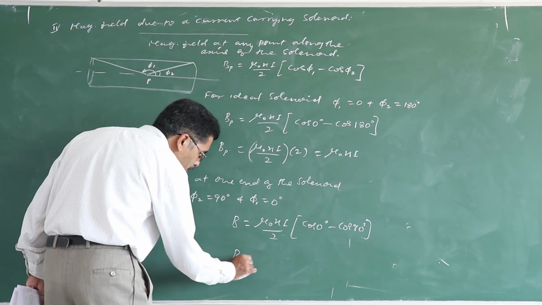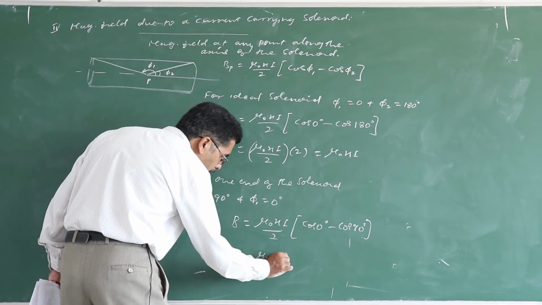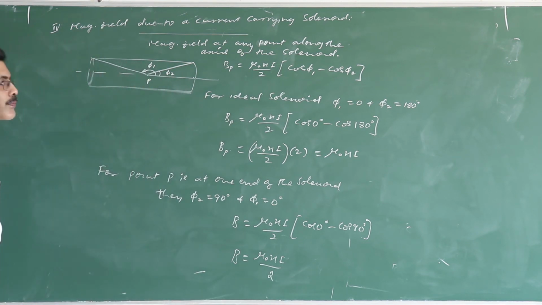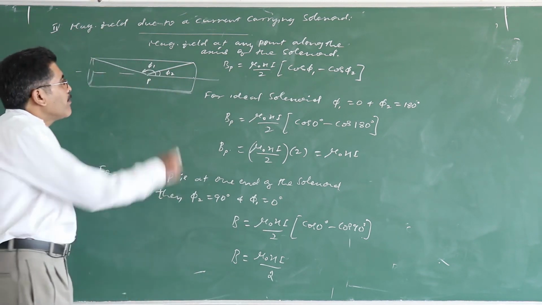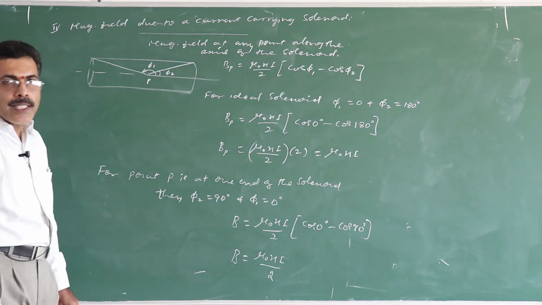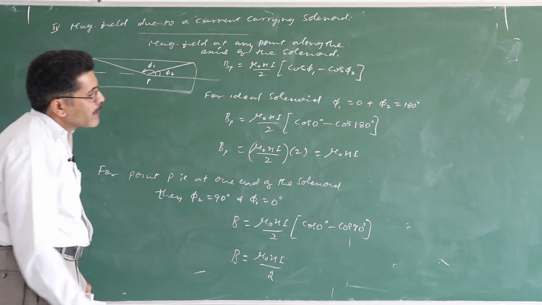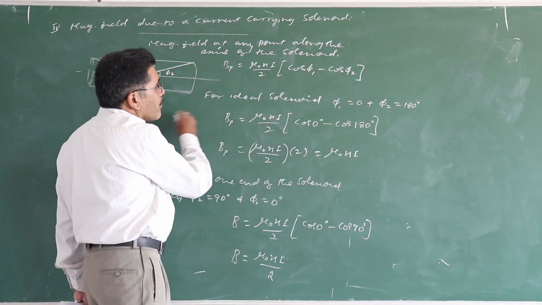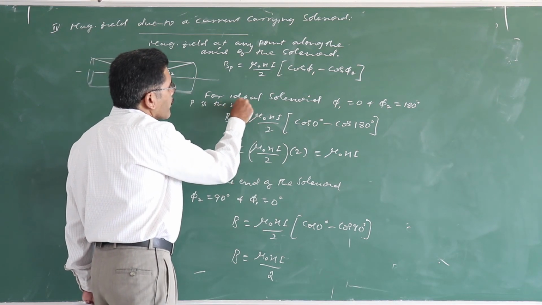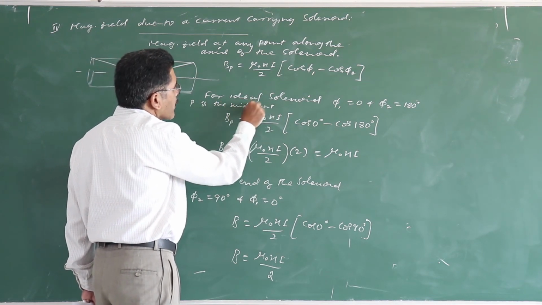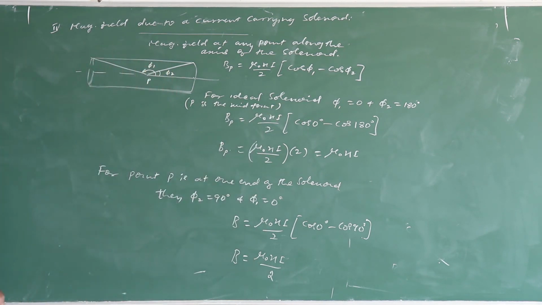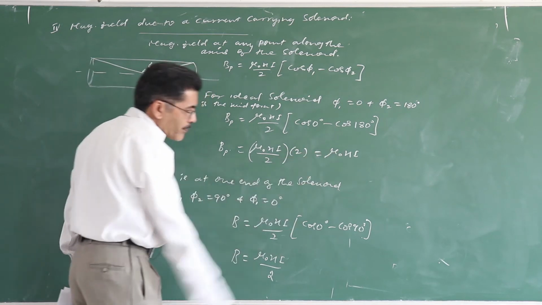Therefore, you are left with B is equal to mu naught nI by 2. In an ideal solenoid, point P is taken to be the midpoint of the solenoid along the axis. In such a case for an ideal solenoid, you will get this relation, mu naught nI.